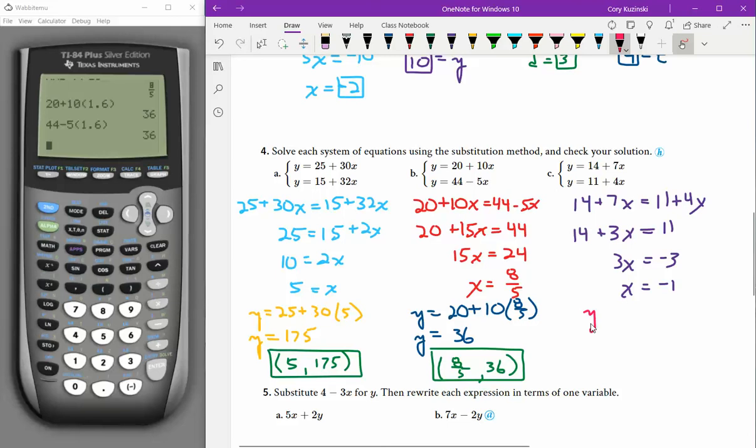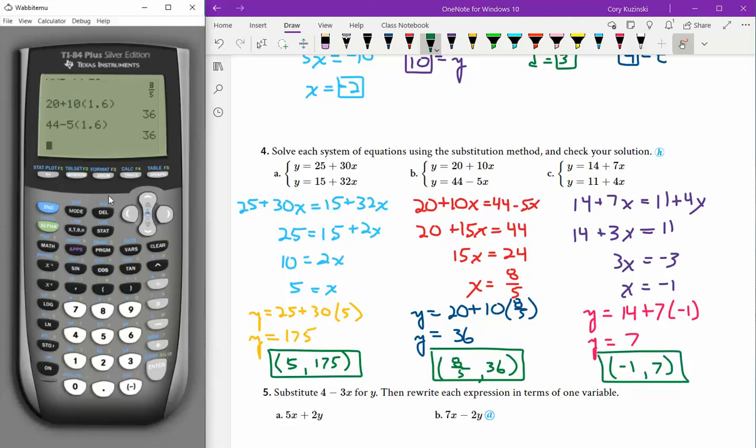Then we'll plug that -1 into one of the equations. So 14 plus 7 times -1, which is just 14 minus 7, or 7. So it looks like our solution here is -1 for x and 7 for y. That's the point where those two lines would cross.